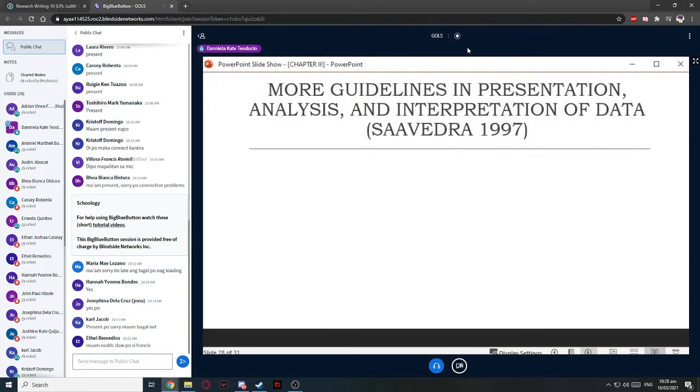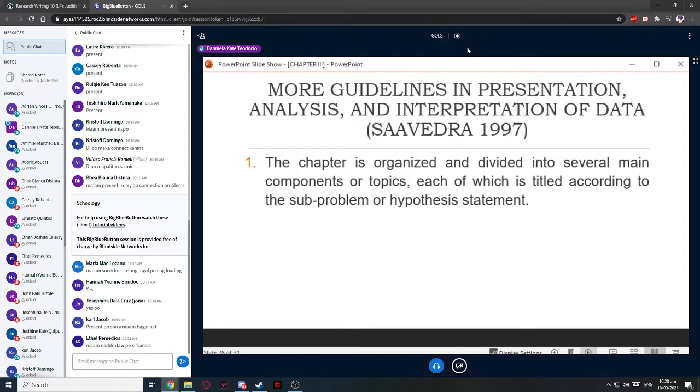Now, let's have other guidelines in presentation, analysis, and interpretation of data. All right. Now, this chapter is organized and divided into several main components or topics, each of which is titled according to the sub-problem or hypothesis statements.